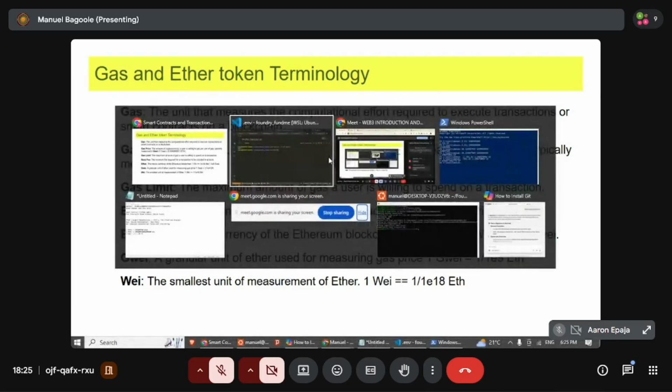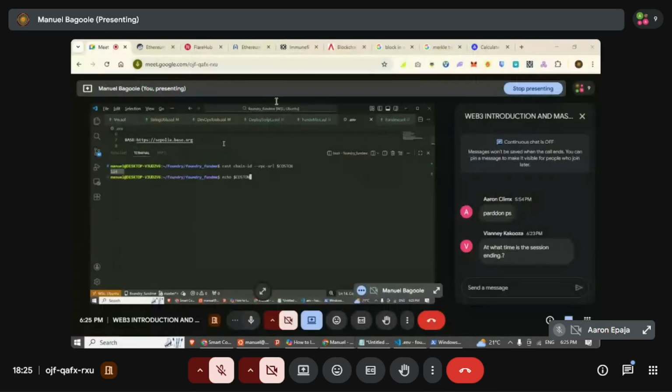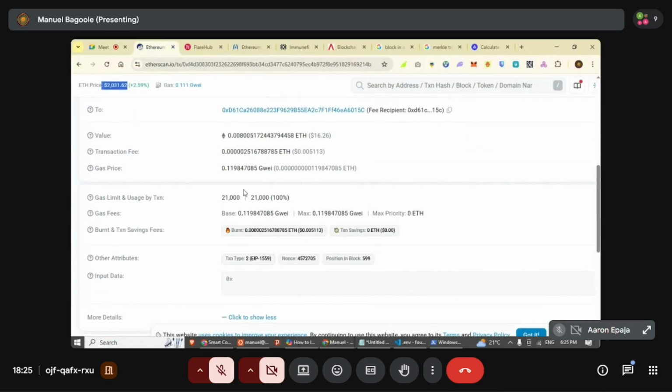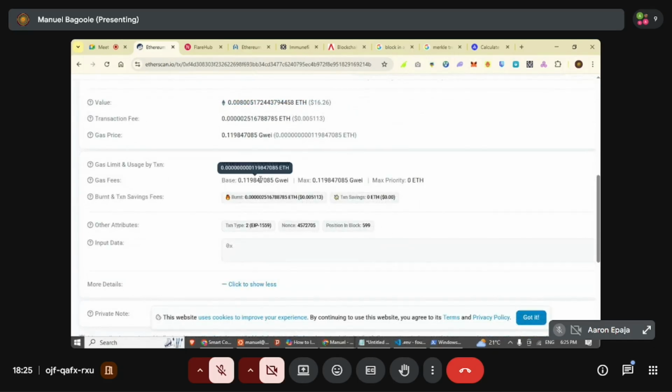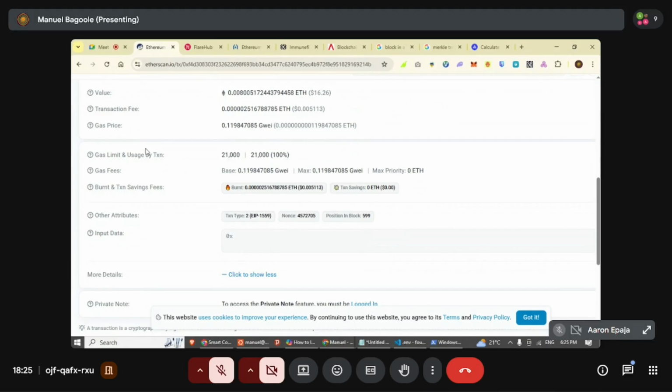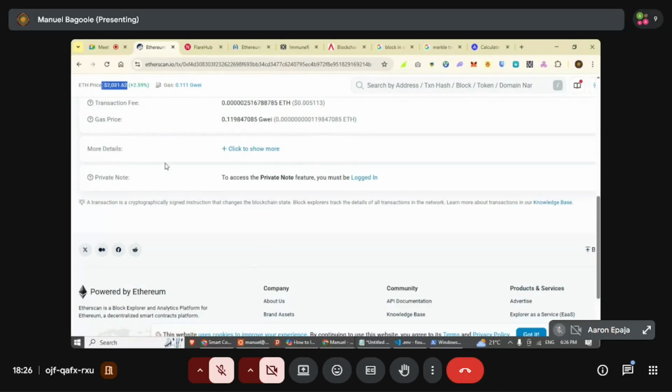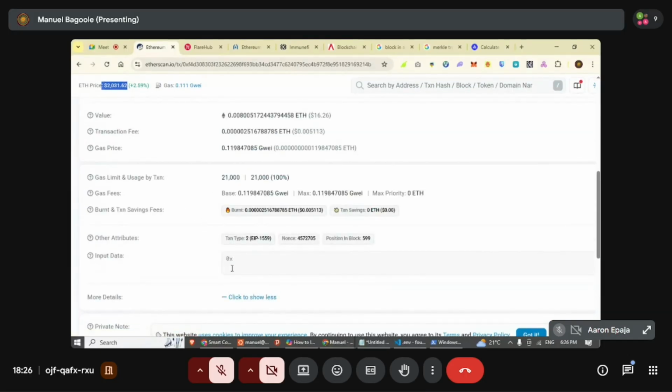So when you see gas here, it should be somewhere here. Okay, there's gas limit here, then gas used. Gas limit, so there's a limit. There can be a limit to how much gas you want to use for a transaction.